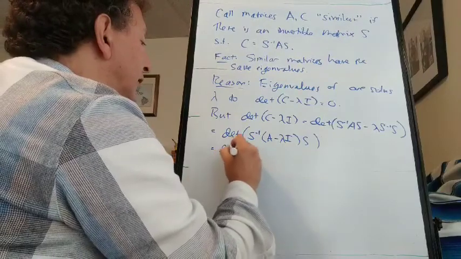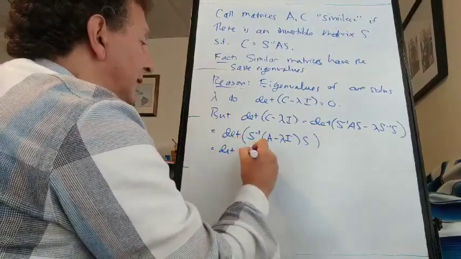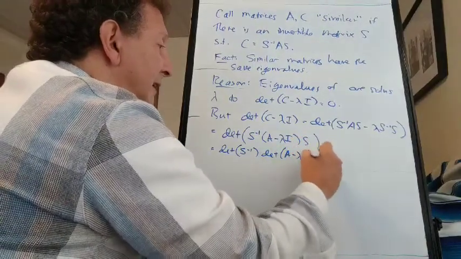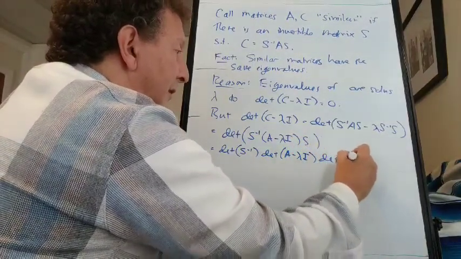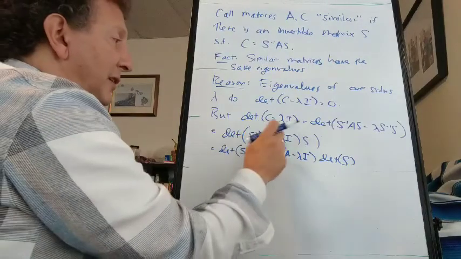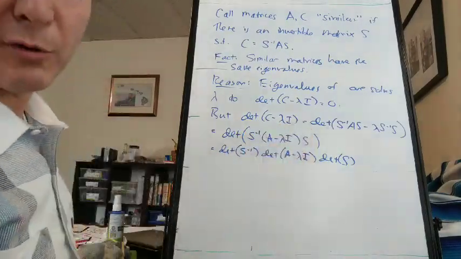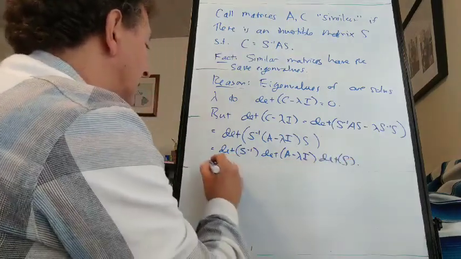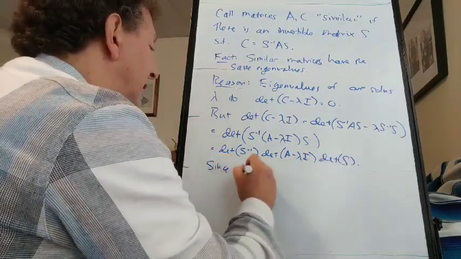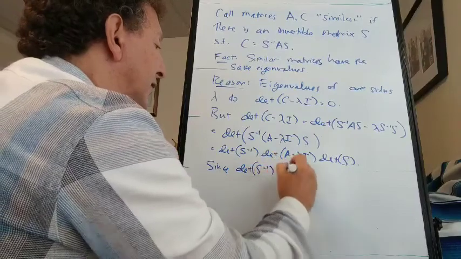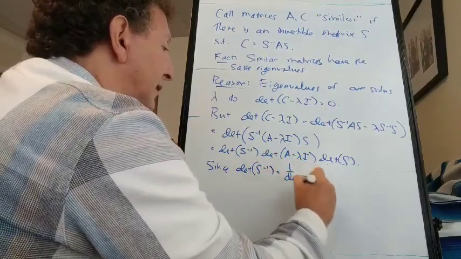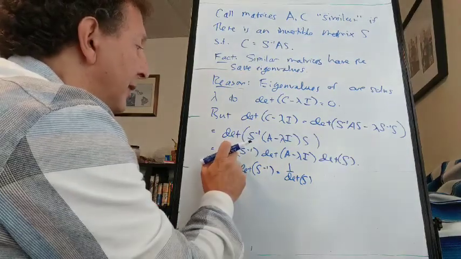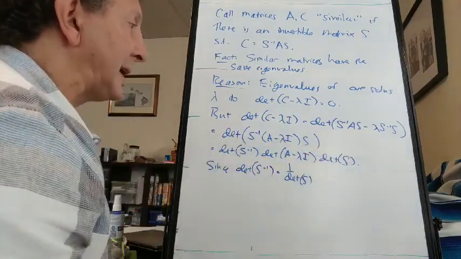Now this is determinant of S inverse times determinant of A minus lambda I times determinant of S, because the determinant of this matrix times that matrix times the other matrix is just the product of the three determinants. Now since determinant of S inverse is 1 over determinant of S, and S is invertible so its determinant is not 0, determinant of S inverse and determinant of S cancel each other.